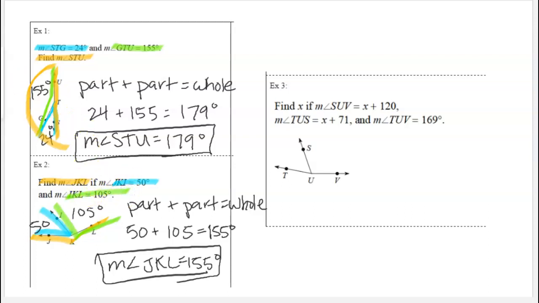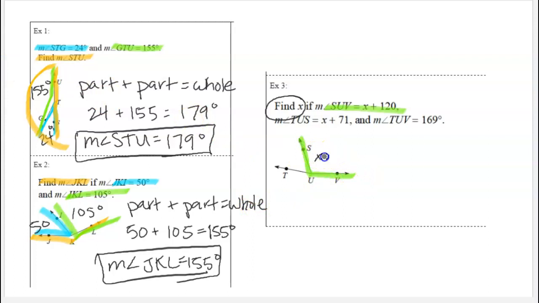Okay, now that we've practiced a little with just numbers, we're going to get into it with algebra. So in this question we are asked to find x, where we're going to need to solve for x. We know that the measure of angle SUV is x plus 120.